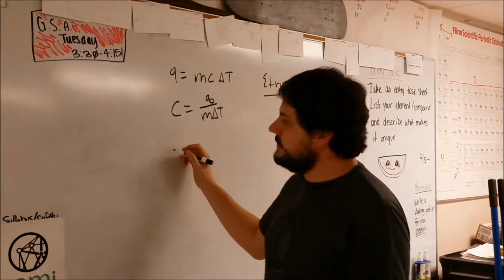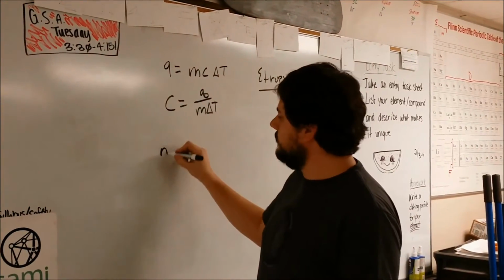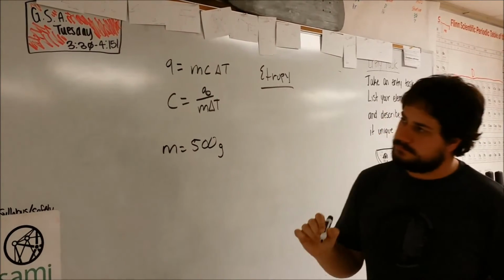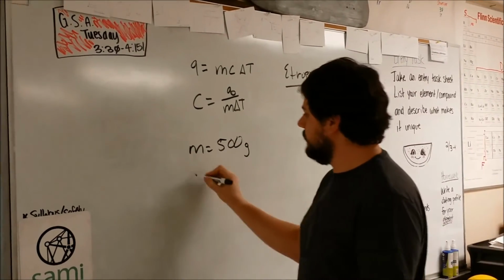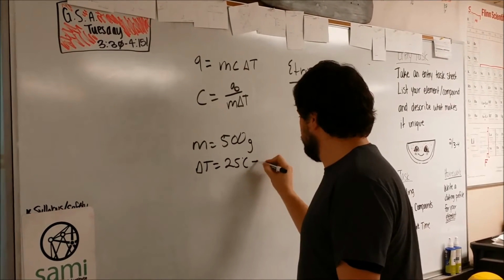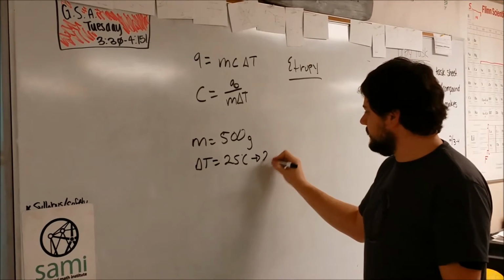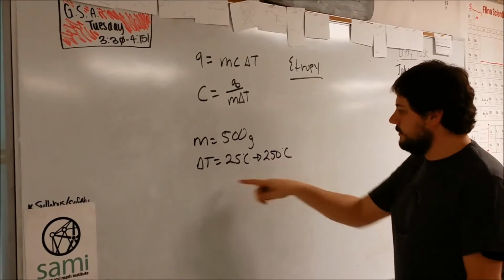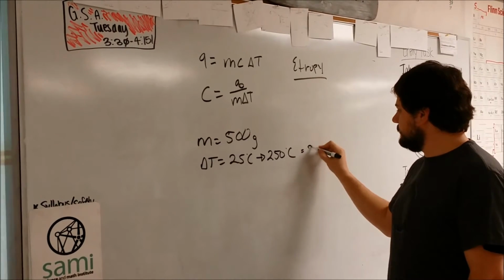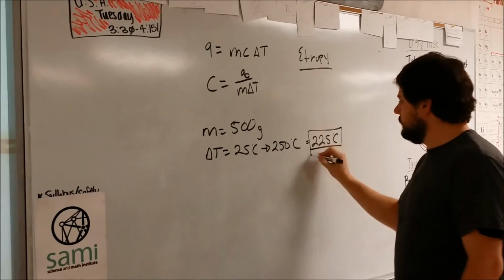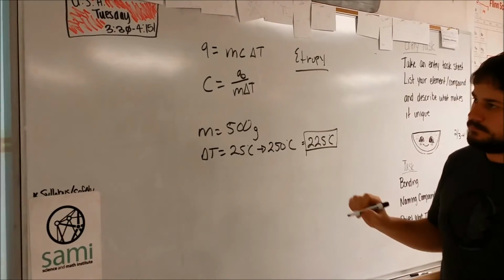As always, write down what you're given. The mass is 500 grams. The temperature goes from 25 to 250, so that's a 225 degree change. That's the change in temperature.